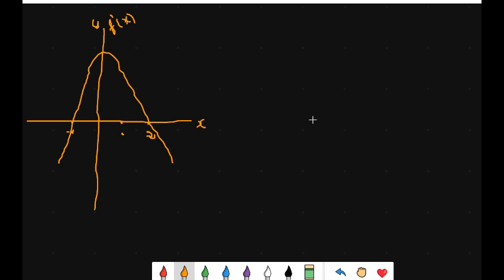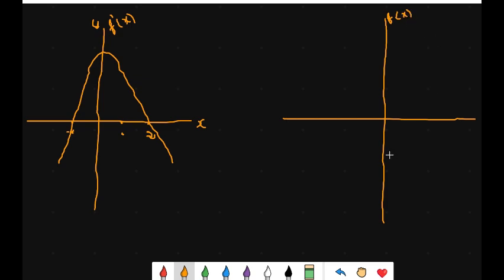So now I need to find the antiderivative, and they said that it goes through (0, -1). Okay, so I'm just going to draw the graph. Here we are talking about f of x, not f prime of x, right?